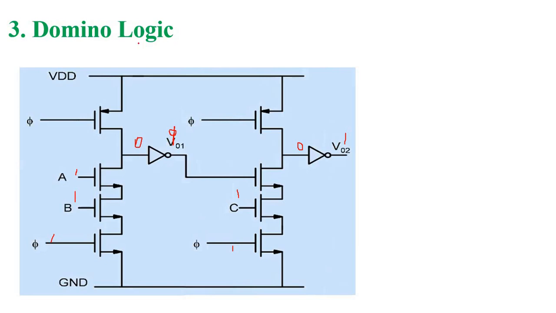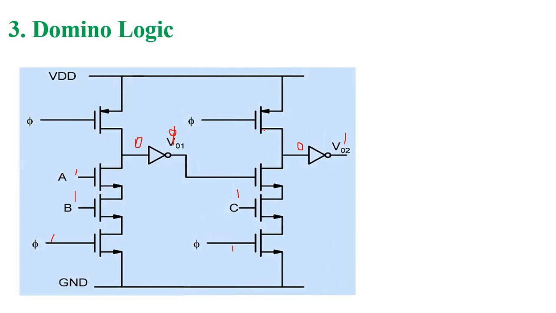Therefore the only problem in domino logic is that a non-inverting output is present. Because we get a non-inverting output, we can't implement NAND and NOR logic in domino logic.